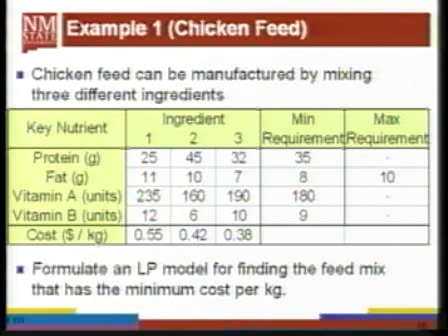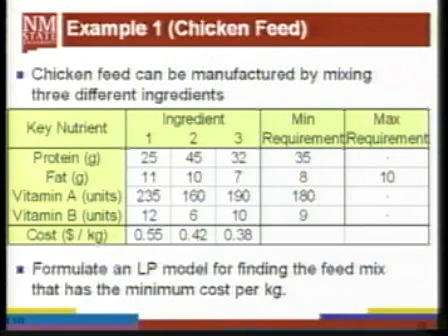And also the cost per kilogram of ingredients 1, 2, 3 are 55 cents, 42 cents, and 38 cents respectively. And you could find those values within this table too, right?